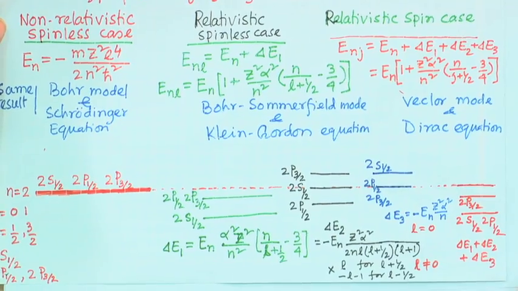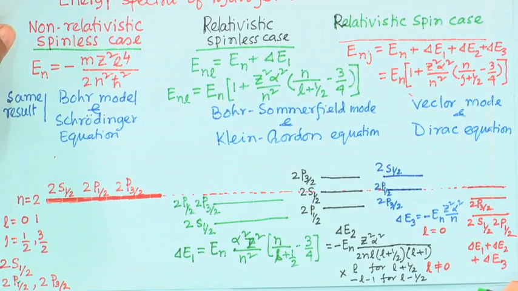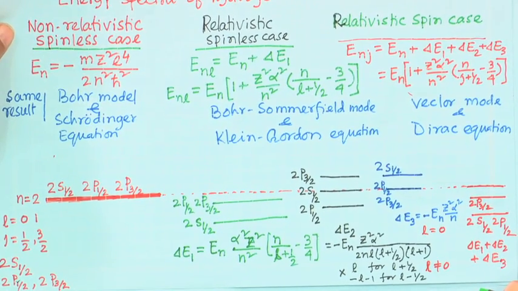Now, here you can see this S1/2 and P1/2, these have the same energy. But Rutherford and Lamb did a microwave experiment, I think they used radio wave, which has longer wavelength, lower frequency.